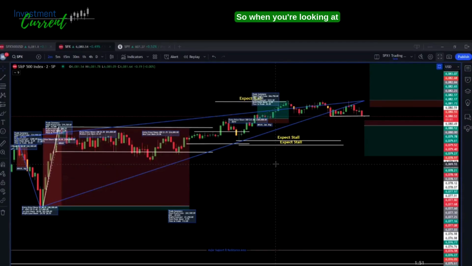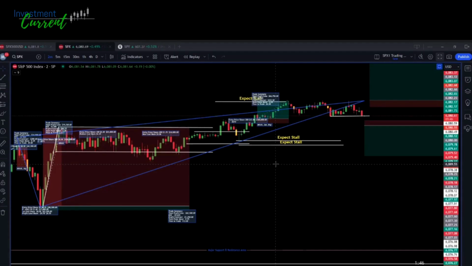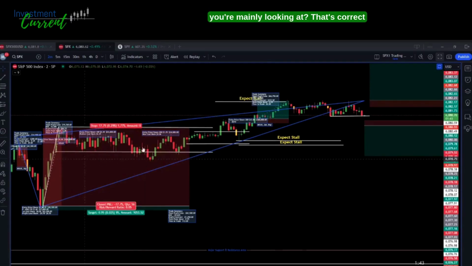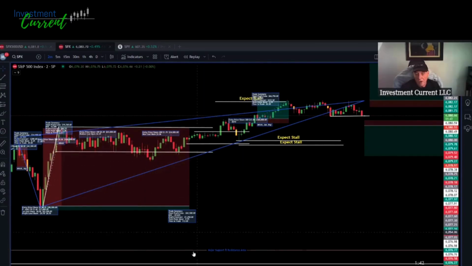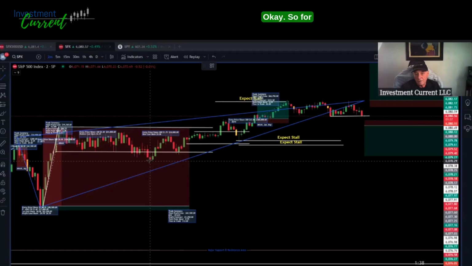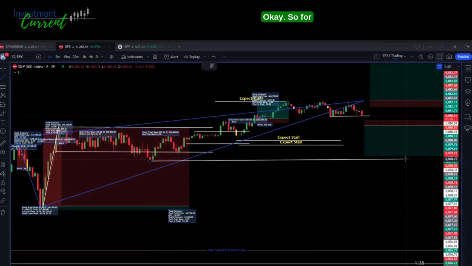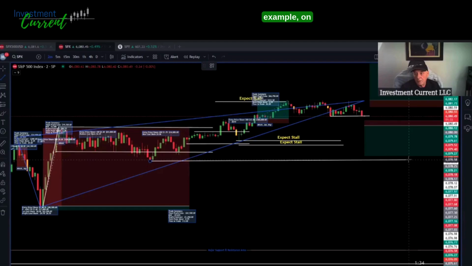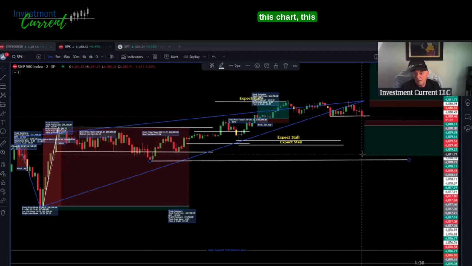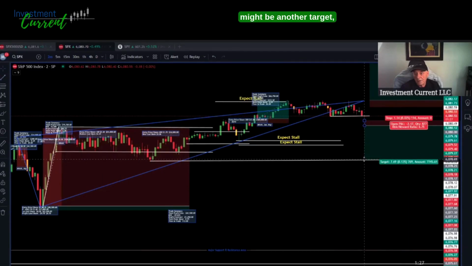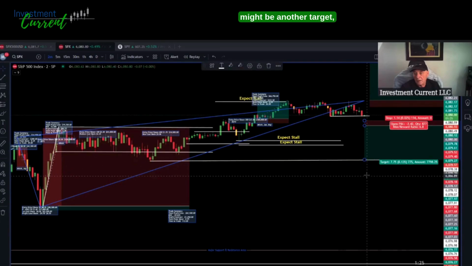So when you're looking at price action, it's the support and resistance lines that you're mainly looking at, right? That's correct, and the patterns themselves. Okay. So, for example, on this chart, this might be another target, right?